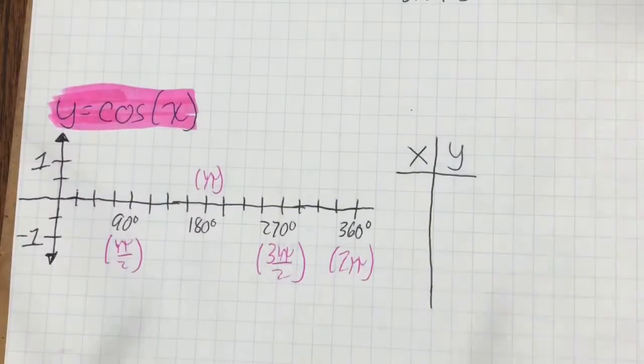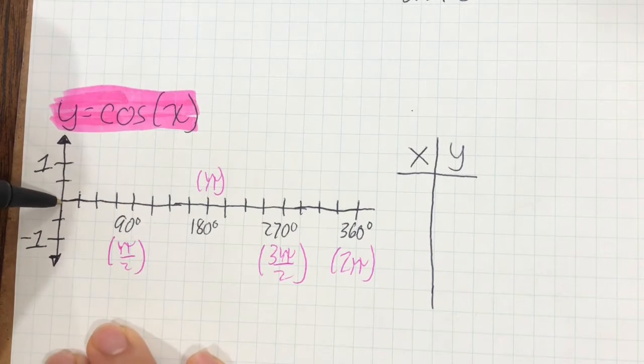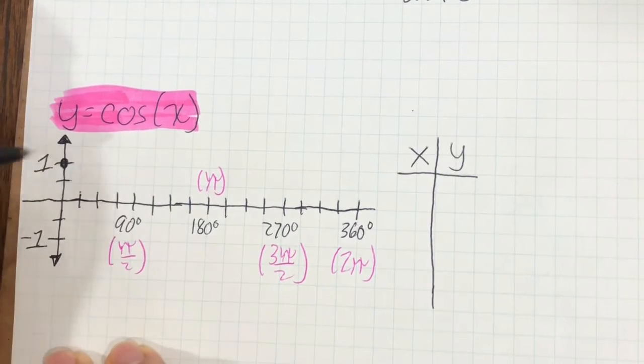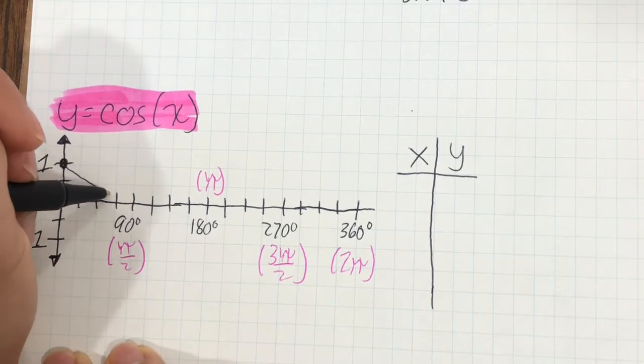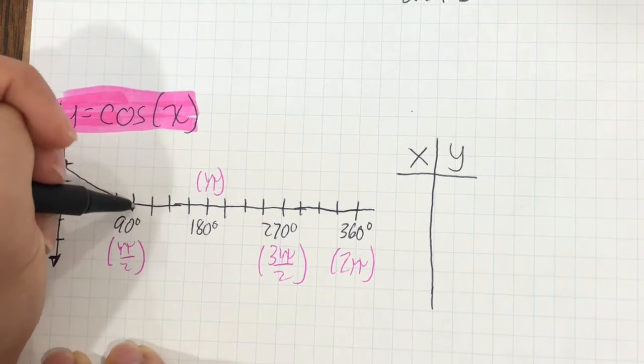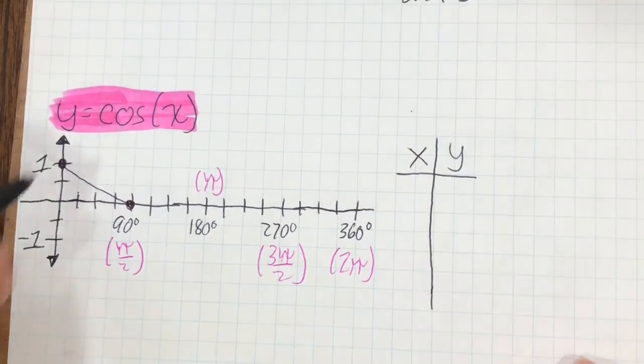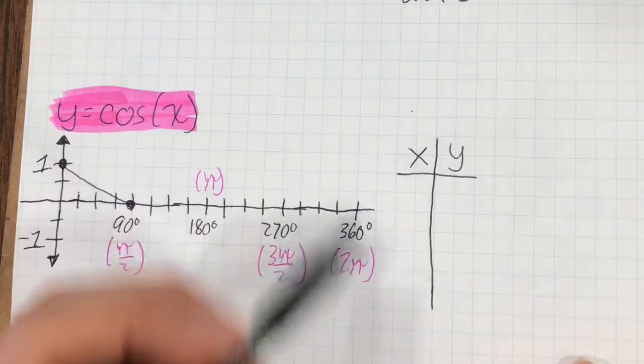So the outputs are decreasing. So for y of cosine, I start off at 0, 1, and then my graph is going to be decreasing from 0 to 90 degrees. So once I hit 90 degrees, I'm at 0.